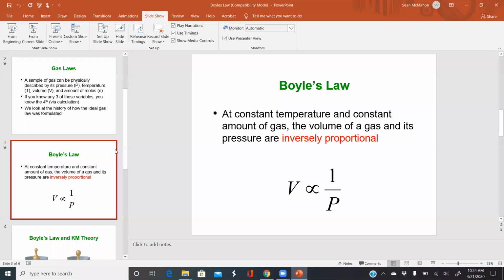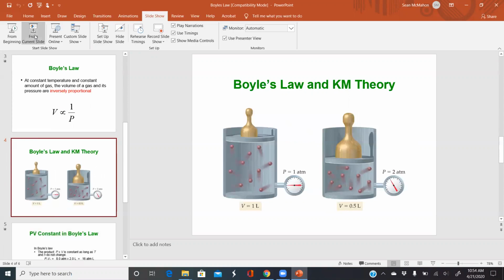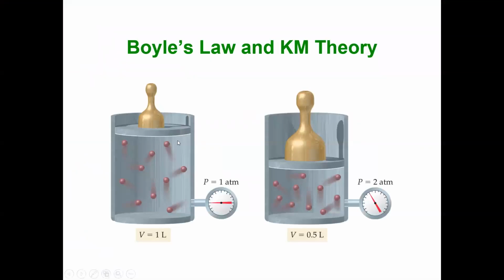Now, how can we use this with calculations? So again, this is just showing if I had 1 atmosphere and 1 liter, if I cut it in half, 0.5 liters, my pressure will double to 2 atmospheres. They are inversely proportional. As the volume decreased, the pressure increased.